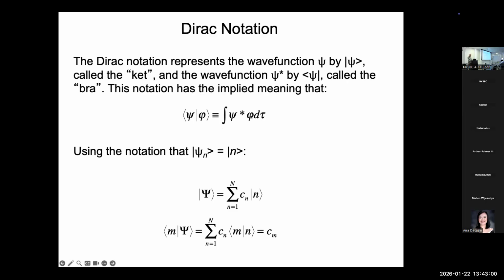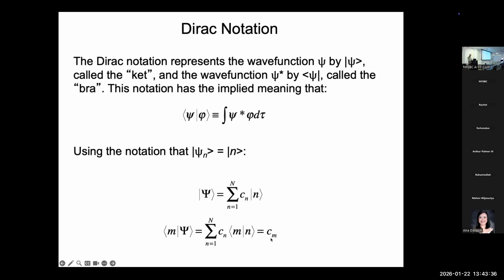And then the result of this integration shown here, if these were eigenfunctions, they'd be orthogonal, and we would get 0 unless phi and psi are equal to each other. So this shorthand is very convenient. And then my property of the eigenfunctions says if I have a collection of eigenfunctions described by n, then I can take a linear combination of them and represent some arbitrary function called psi.